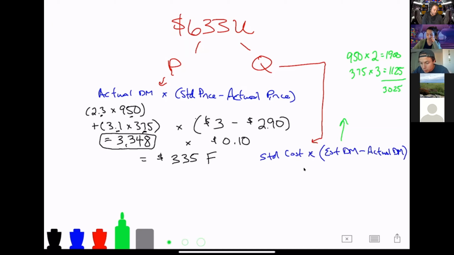I know I want you guys to keep up with the numbers, but I don't want you to get lost in the numbers. What we're saying here is if we were going to produce 950 bicycles and 375 tricycles, we would have expected to use 3,025 wheels.